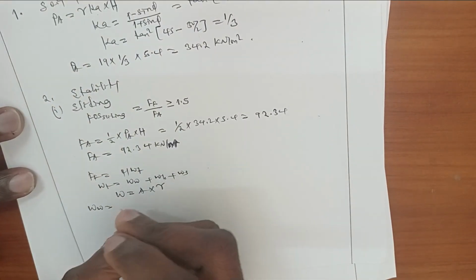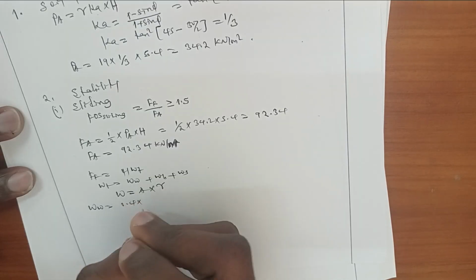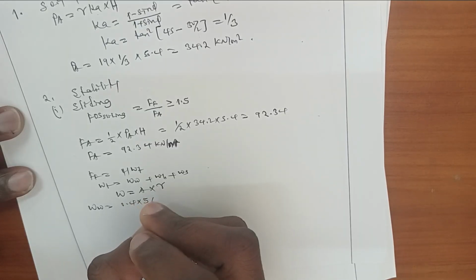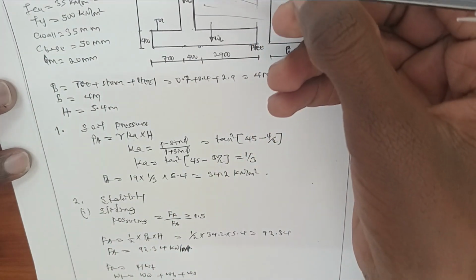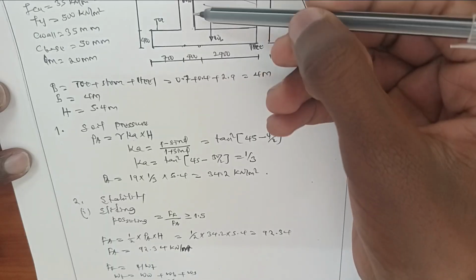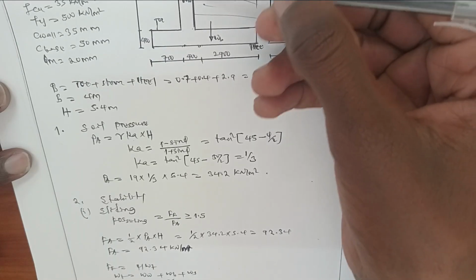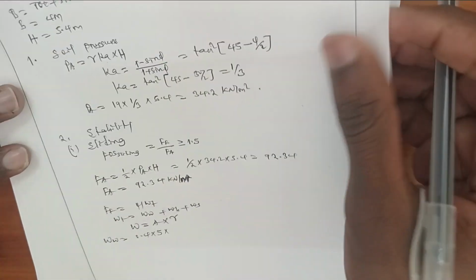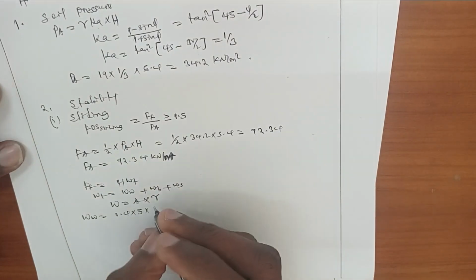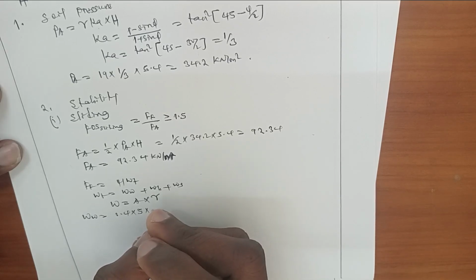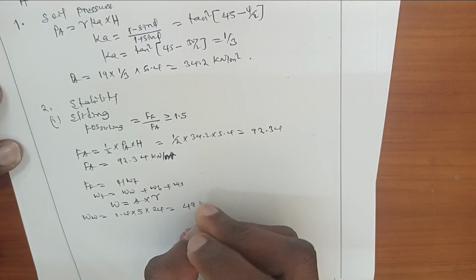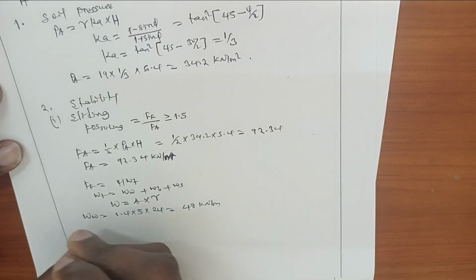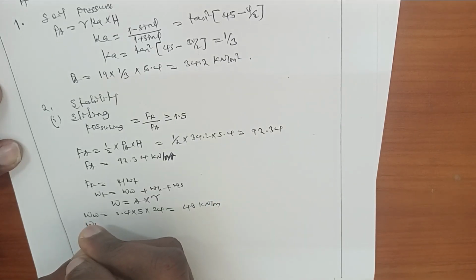So the area is 0.4, which is the base, times H, which is 5 meters, times the unit weight of concrete. This stem is made of reinforced concrete, so we multiply by the unit weight of concrete, which is 24. It will be equal to 48 kilonewton per meter.